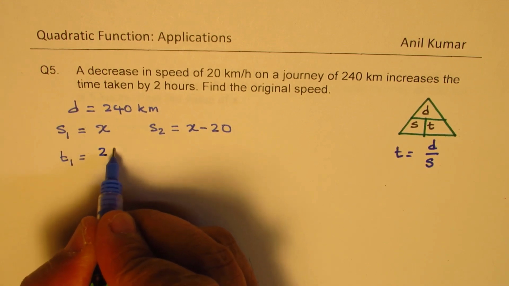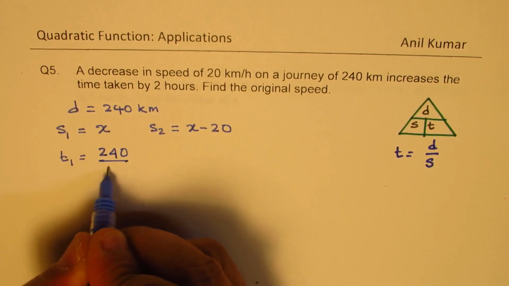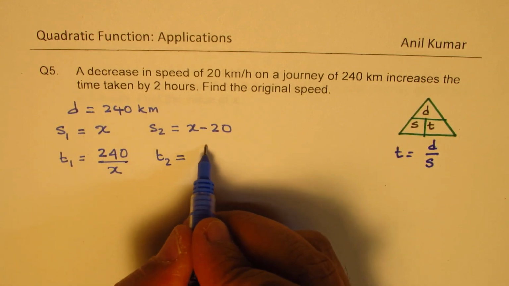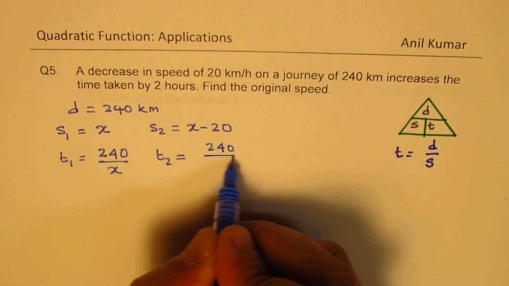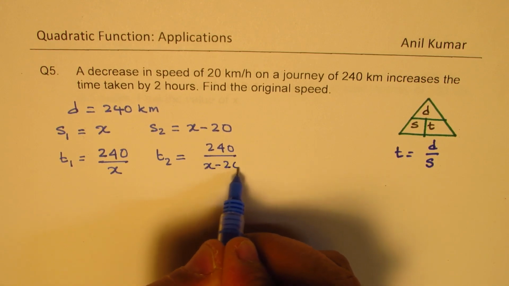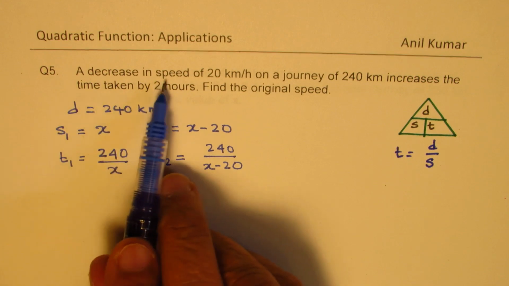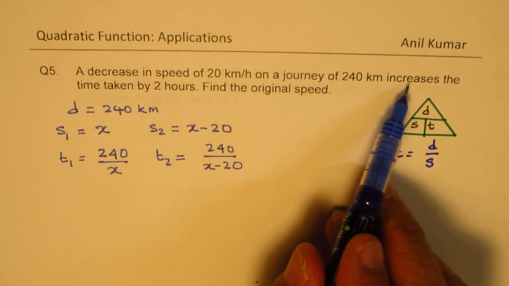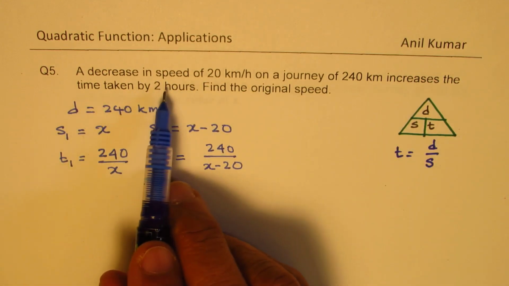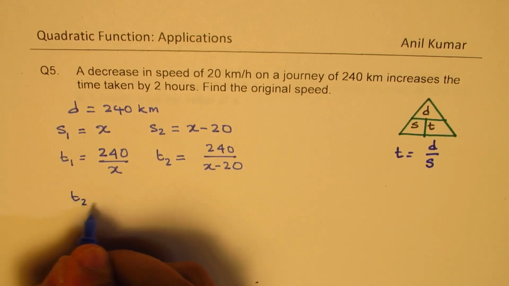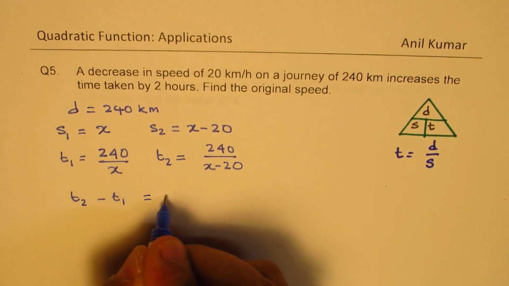So it is going to be 240 over x, and the time in the second case is going to be 240 over x minus 20. And what we are saying is that this decrease in speed increases the time taken by 2 hours. So this is 2 hours more. So we are saying that t2 minus t1 is 2.